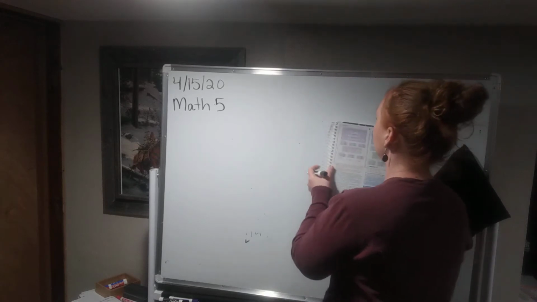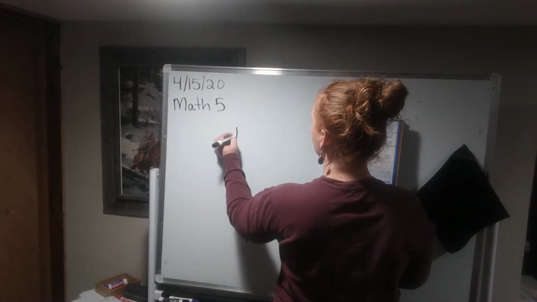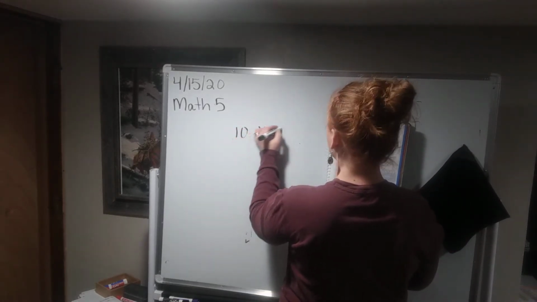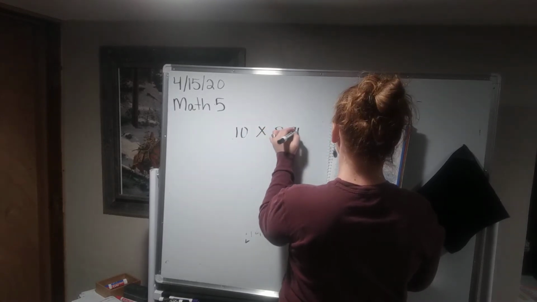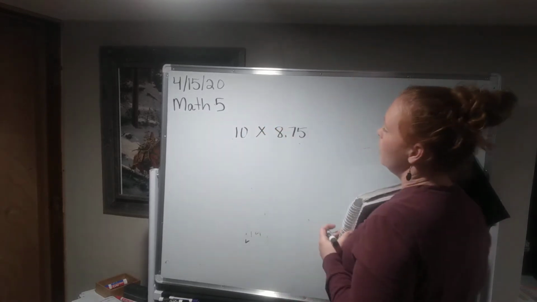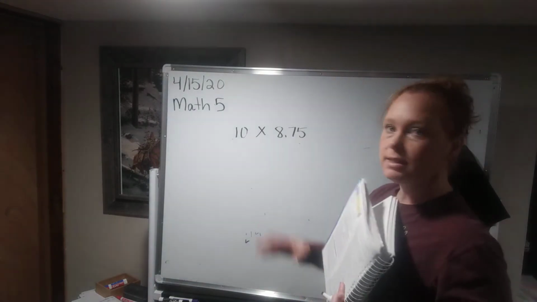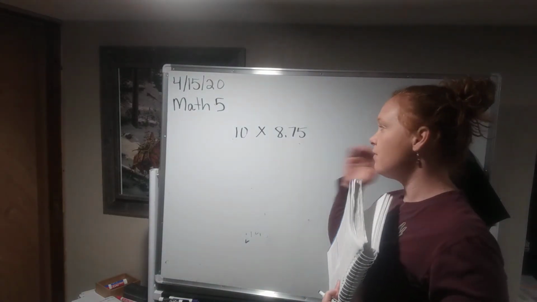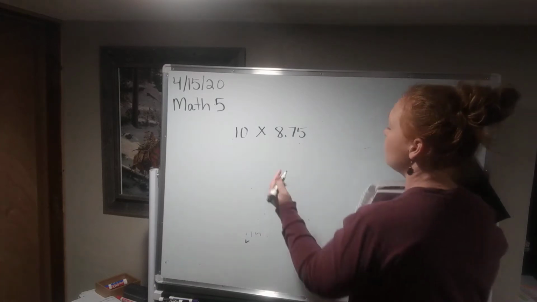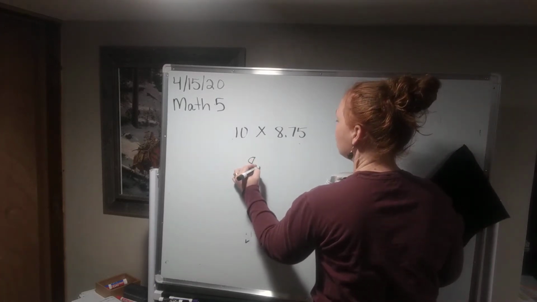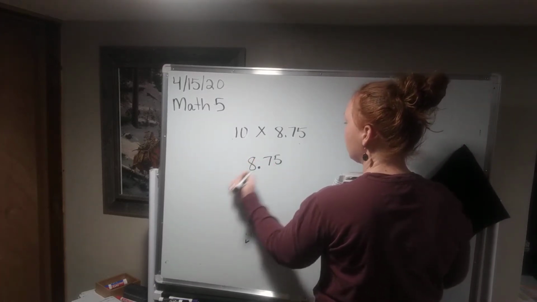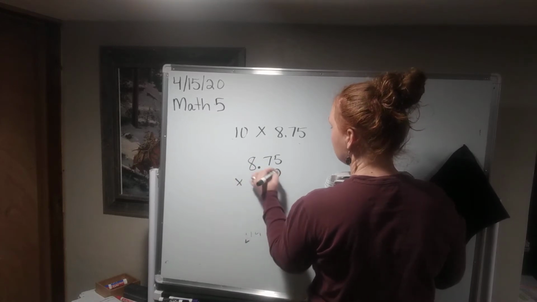Let's think through a few things first. I'm going to put up this multiplication problem, and we're going to do this problem as we normally would. 10 times 8.75, and let's see what would happen. 8.75 times 10.